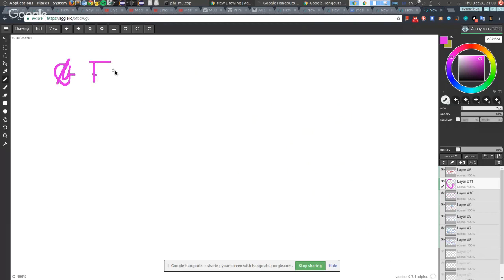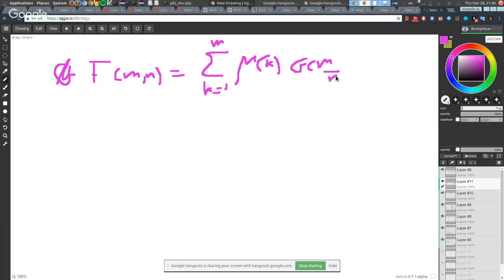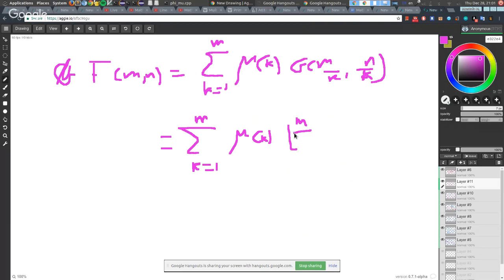So here f of m and n is equal to the summation for k equals 1 to m of mu of k times g of m over k and n over k. This will be the summation like that.